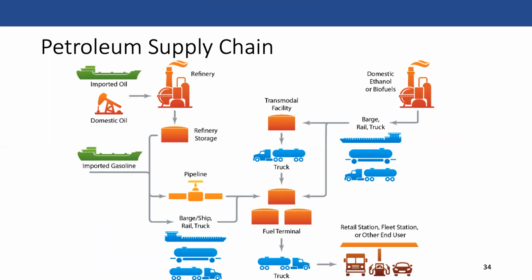To give you a sense of how many fuel terminals there are, in California I believe there are about 32 or 33 bulk storage terminals for gasoline, and you've got other terminals for different types of fuels. Across the US, you're talking about on the order of a couple hundred terminals.